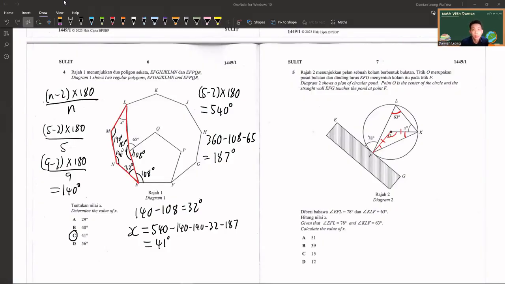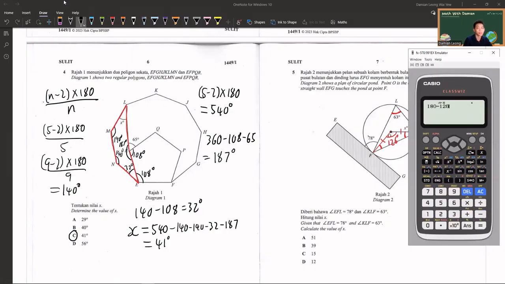Ya, sudut pusat dengan sudut pada lilitan. So sudut pusat ini 2 kali ganda sudut lilitan ini. Okay, it will be double of the angle circumference. So it's 126 degrees here. Then these two will be the same. Total angle is 180. So I take 180 minus 126 divide 2 because both sides are the same. So 180 minus 126 and then divide 2, 27 degrees.